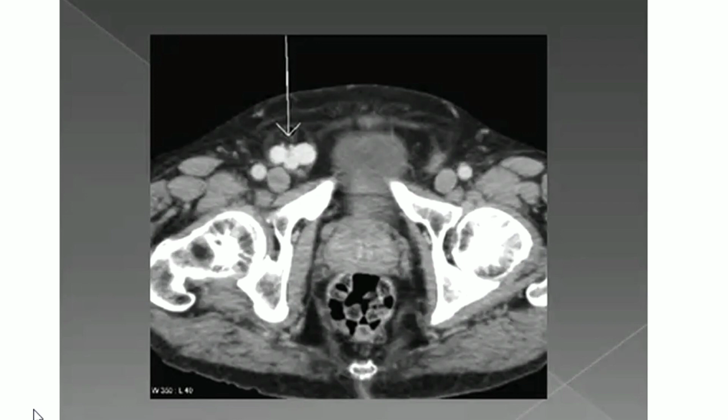The rest of the visualized bones appear unremarkable. And what's the content of this inguinal hernia?